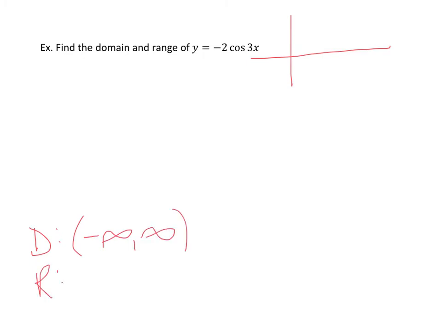My range is probably going to change. This graph has an amplitude of 2, so that means from the x-axis I'm going to be going up 2 and down 2. So this graph is only going to be going from negative 2 to positive 2, and that's exactly my range, inclusive, negative 2 to positive 2.